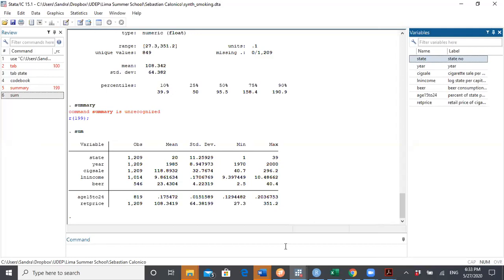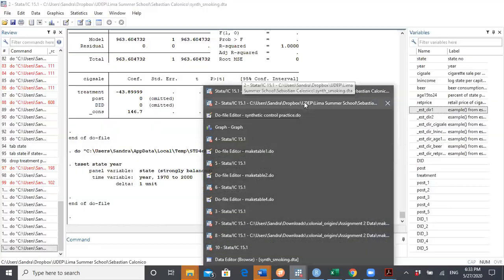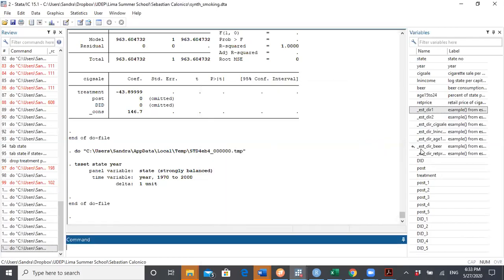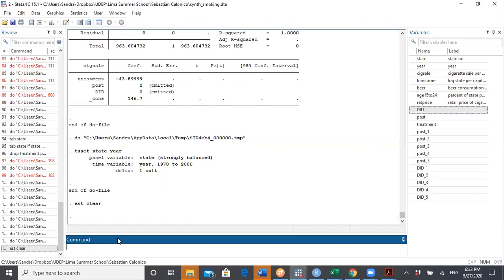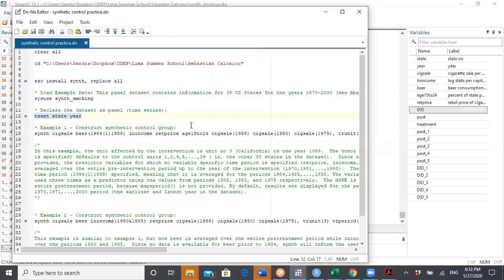Did that even run? Is this even the right data one? Oh, here it is. Okay, so to run a synthetic control, it's actually pretty easy.